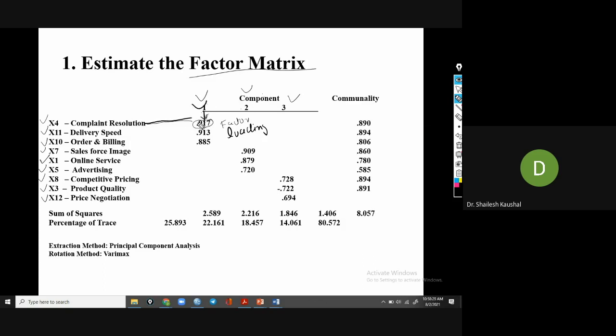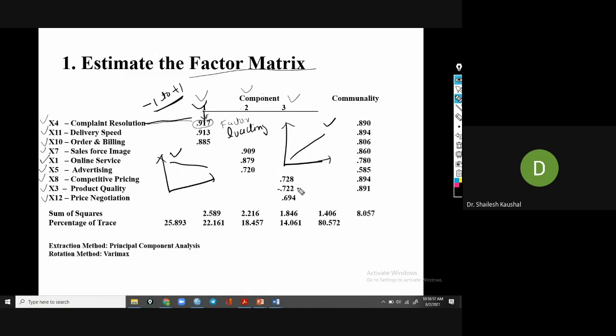It's simply a correlation, and all factor loading values vary from -1 to +1. -1 means a negative relationship between the two variables, and a positive value means a positive correlation.